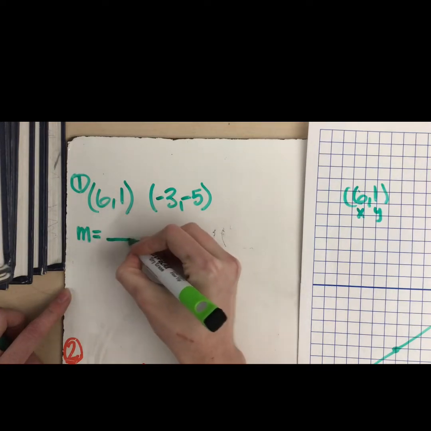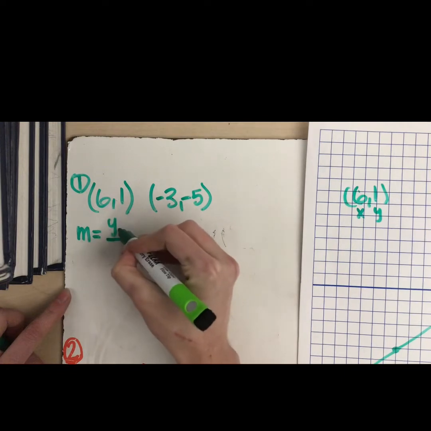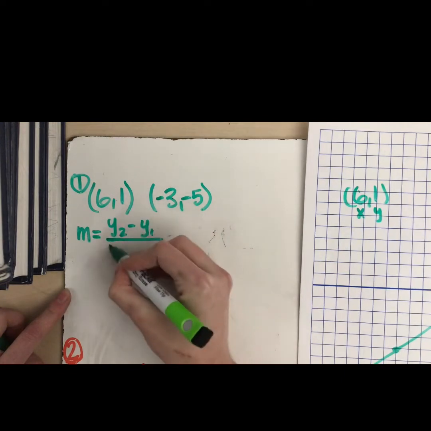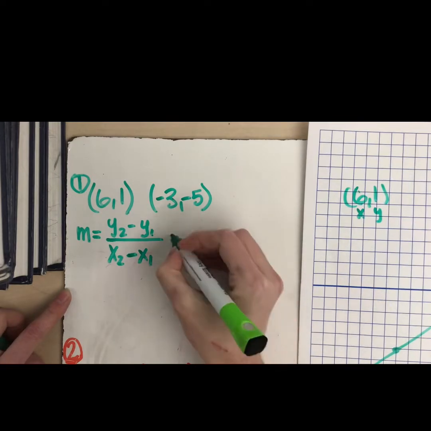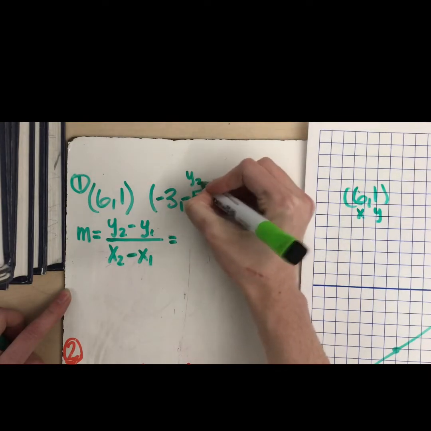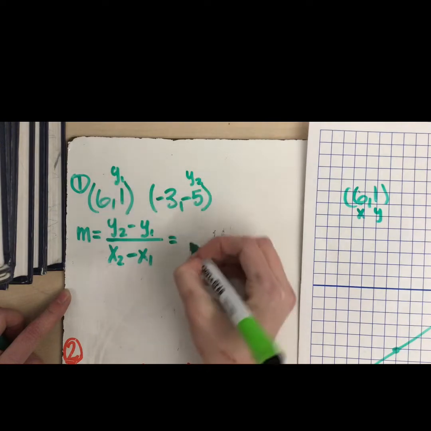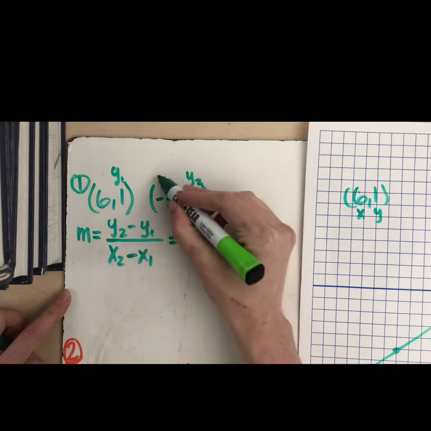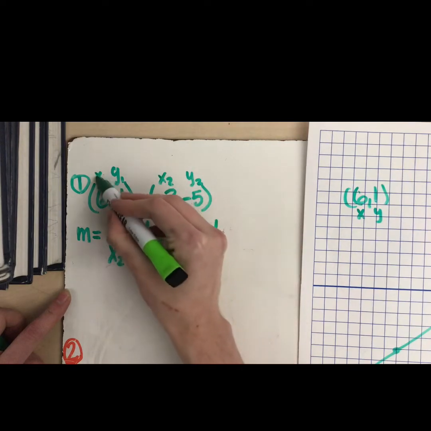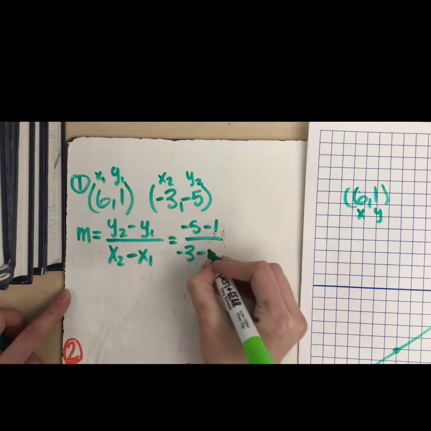And from our last lesson, we said slope is the change in y over the change in x. So I take my y2 and my y1 and subtract them. So I have -5 minus 1, and my x2 and subtract my x1, -3 minus 6.